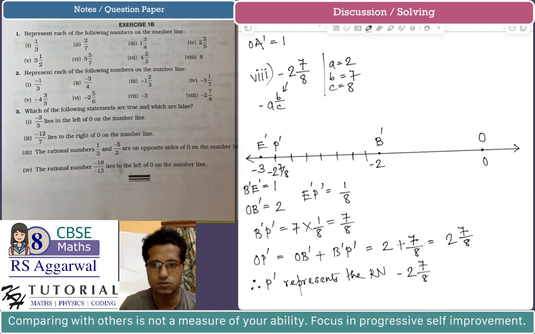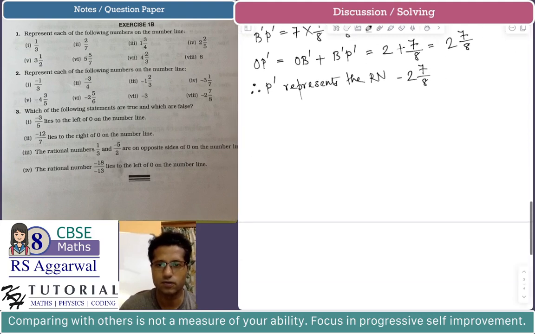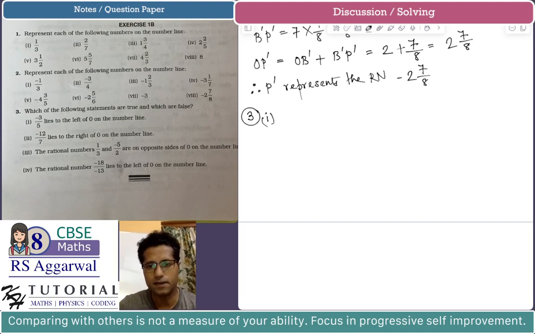Okay. Now let's do problem number 3, which is true and false. It says that minus 3 by 5 lies to the left of 0 on the number line. Minus 3 by 5 is a negative rational number.